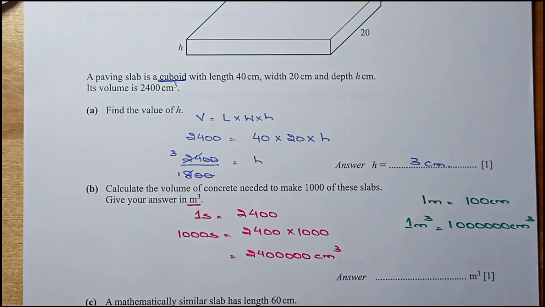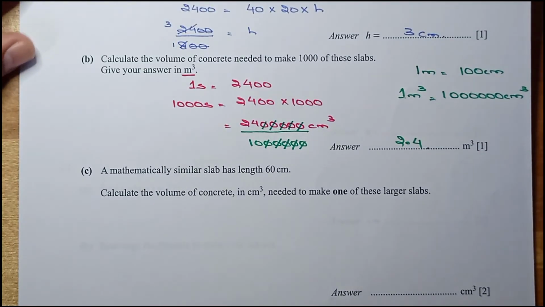So to convert it into meter cube, we need to divide it by 10 million. We can cancel the 5 zeros, and 24 over 10 would be 2.4 meter square.